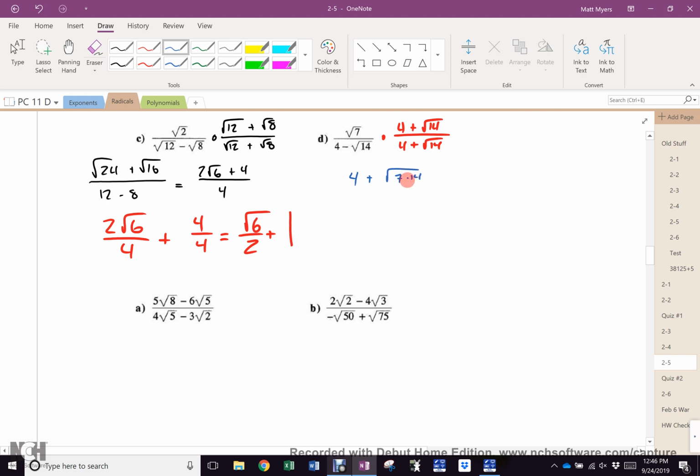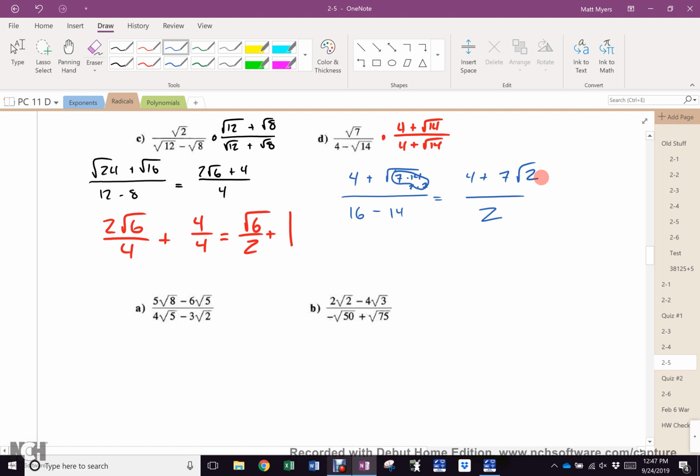I know that's 98, but maybe you don't. I'm going to leave it that way, and I'll show you why in a second. Over 16 minus 14, which is all over 2. I left it this way because 14 is 2 times 7, yes? There is your pair, 2 7s. 4 plus 7 root 2.